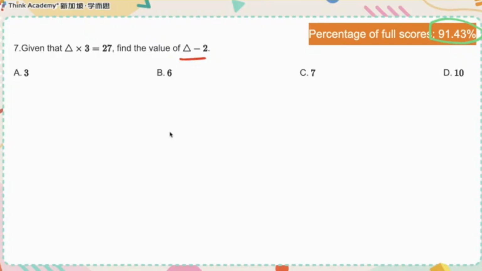So before we know the value of triangle minus 2, we must know what the triangle means, right? Okay, so let's take a look. Triangle times 3 gives us 27. What times 3 gives us 27? 9, right? So triangle is 9. Then we will see 9 minus 2 gives us option C.